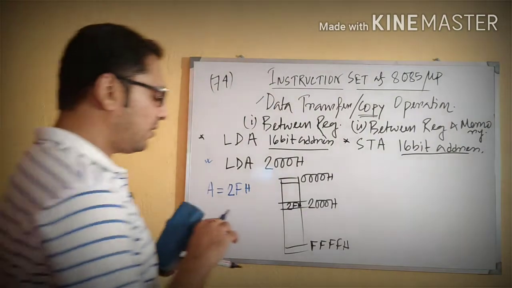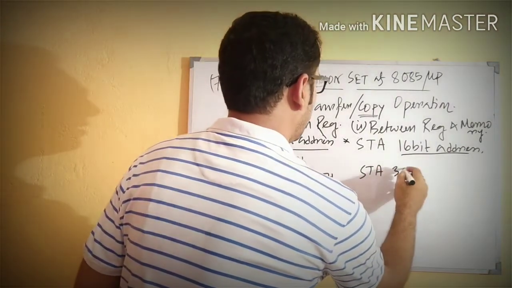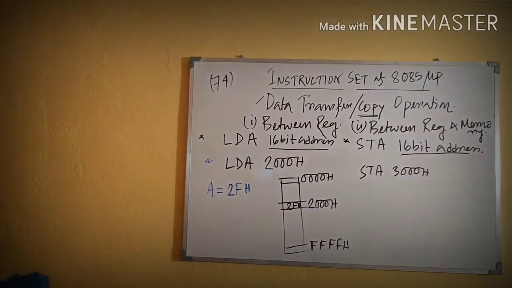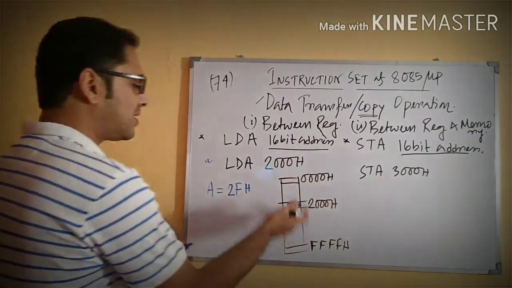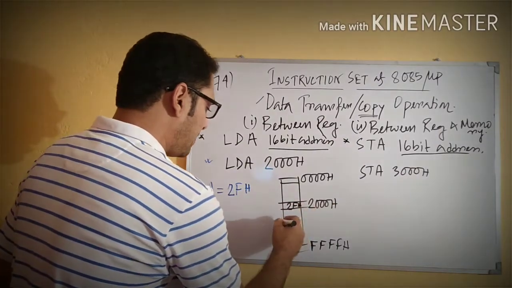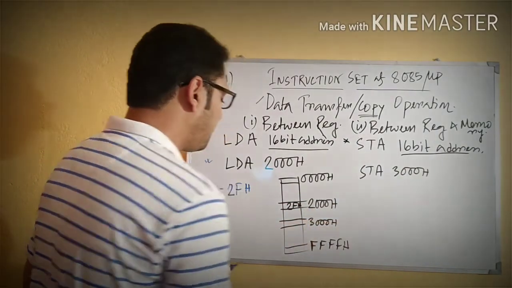Similarly, if I write STA 3000 hex, what does it mean? I want to store the content of the accumulator to this memory location. So once again take this example, take this picture. If this is 2000 hex, maybe this one represents the location 3000 hex.